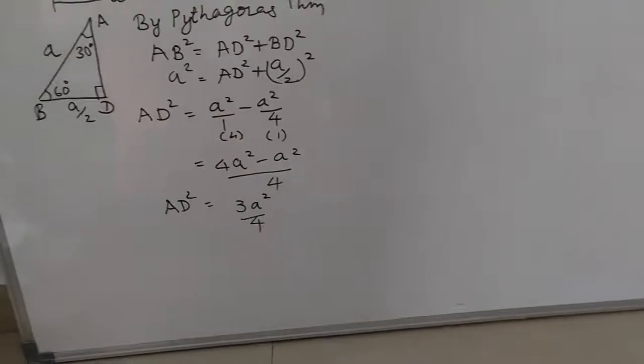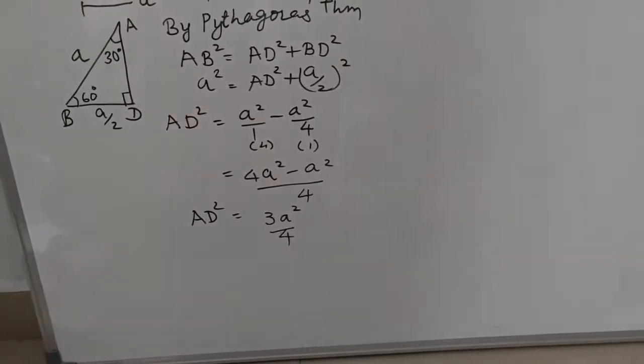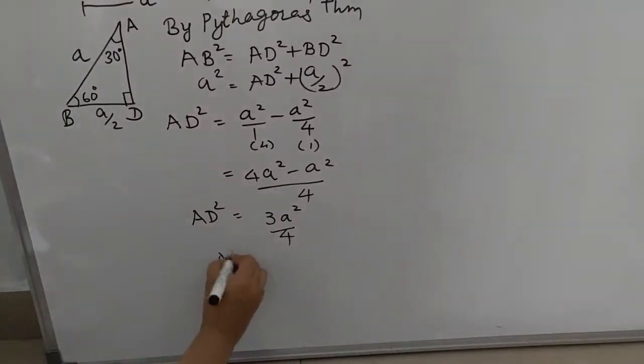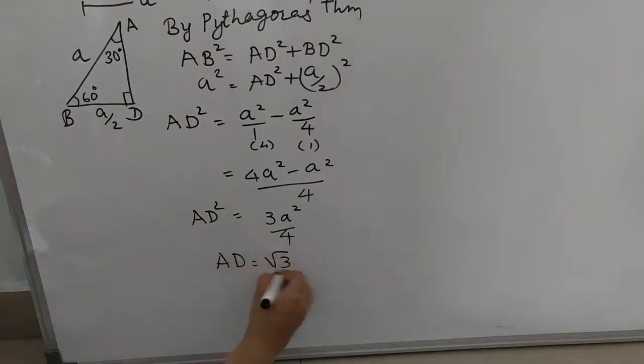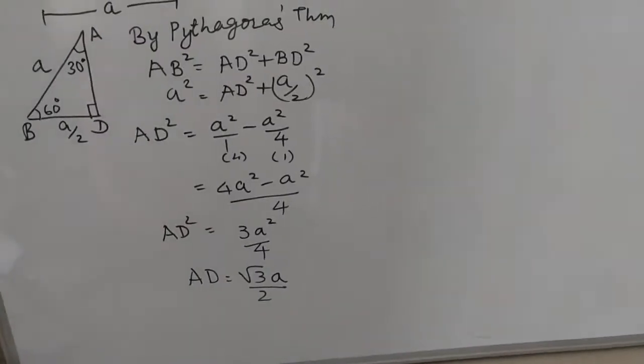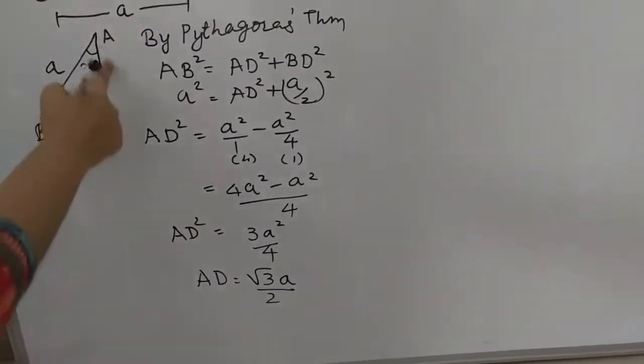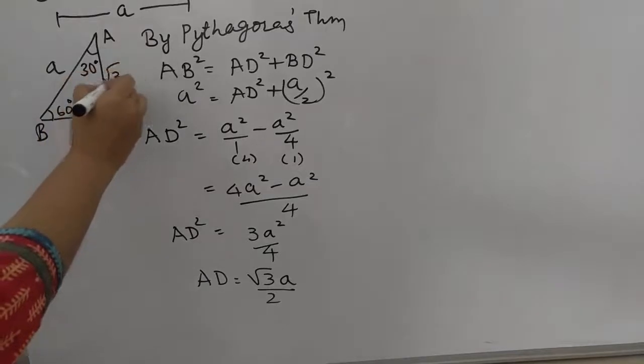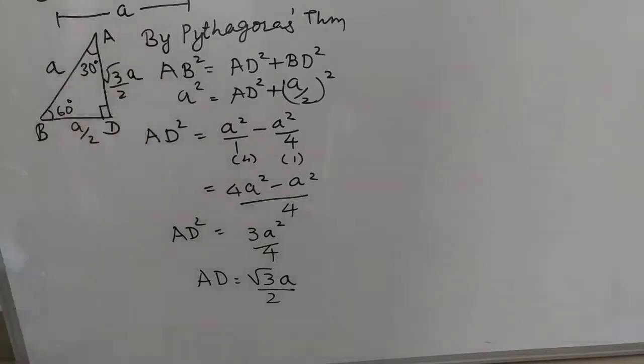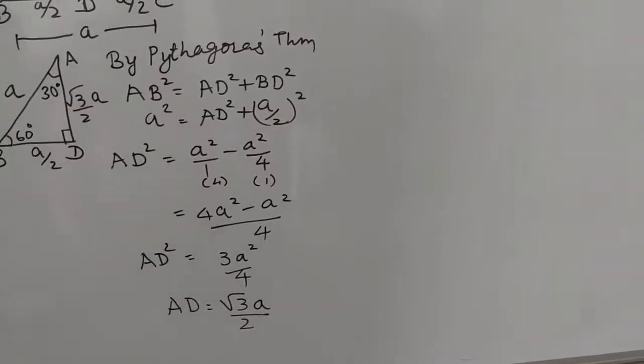So I write AD is equal to root 3 by 2 A, by taking the square root on both sides. Now students, in the triangle we get this AD side, which is root 3 by 2 A. So here we have found all three sides of triangle ABD.